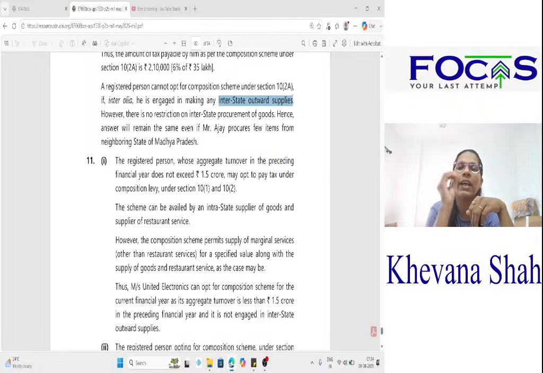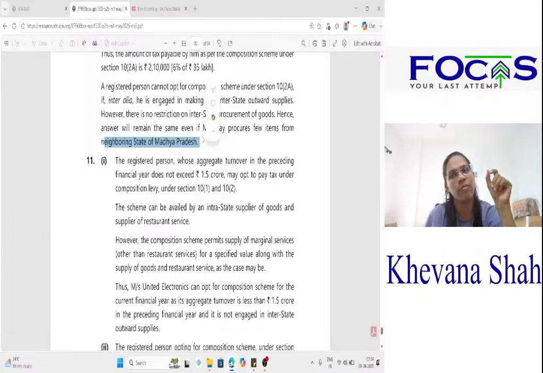The only condition which makes you ineligible for the composition scheme is interstate outward supplies. Hence the answer will remain the same even if Mr. Ajay procures a few items from the neighboring state of Maharashtra, since he is not supplying anything outside the state of Rajasthan, he is only supplying in the state of Rajasthan.